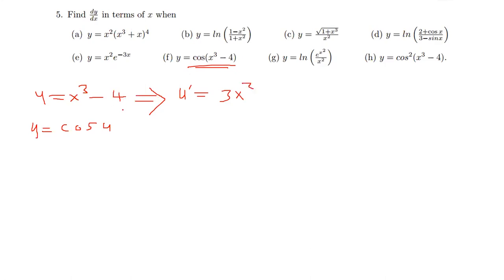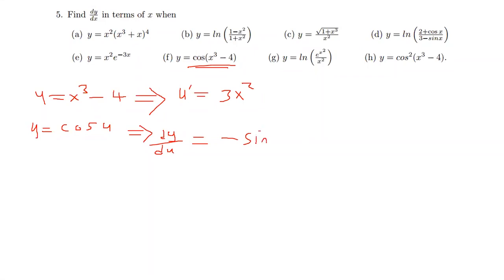This is a constant, so it will give you a 0 when you differentiate it. So we move on to the next part. You find dy/du, which is nothing but when you differentiate cos using the first principle, you know that you get negative sin u.